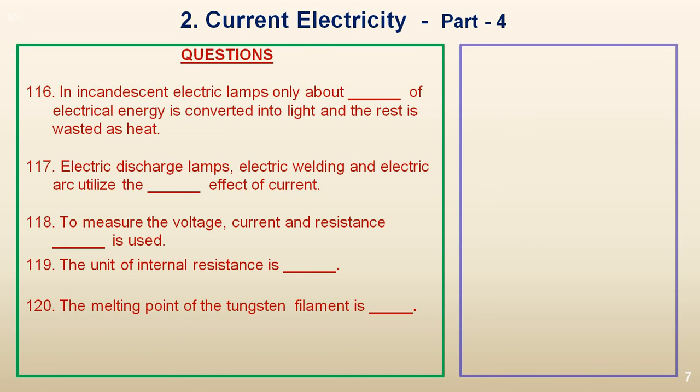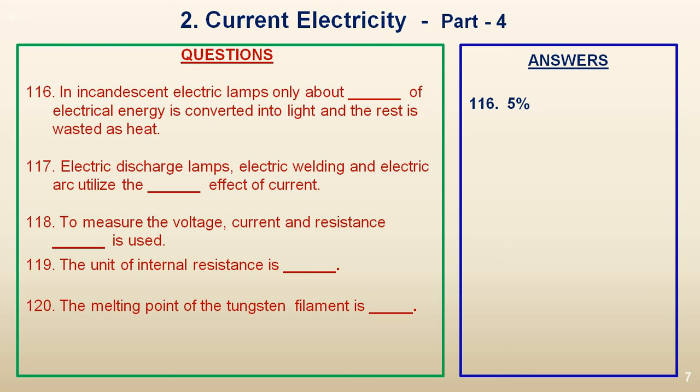Now we are going to see the answers to the question number 116 to 120. Question number 116. In incandescent electric lamps, only about 5% of the electrical energy is converted into light and the rest is wasted as heat. Question number 117.